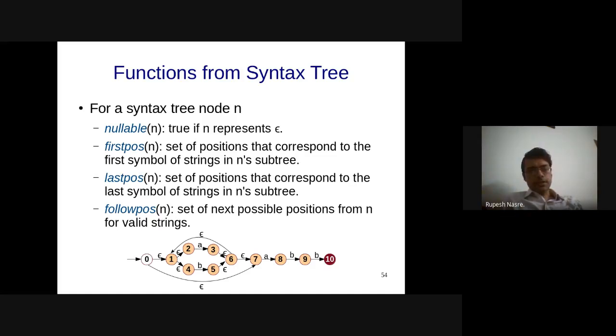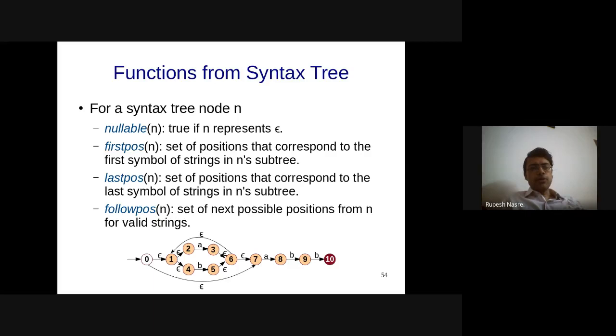Then firstpos, which is the set of positions that correspond to the first symbol in all the strings that are represented by that node. And lastpos is the last symbol's positions. And then followpos is the set of next positions from n for all the valid strings. So we looked at the first three and we'll look at the last one today.